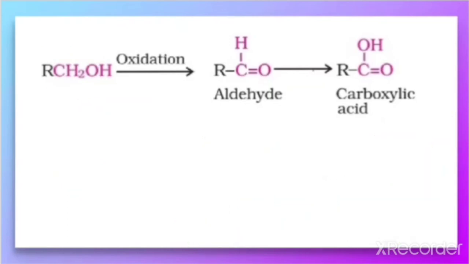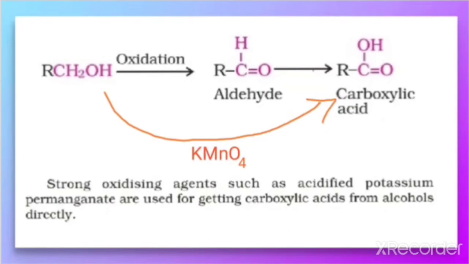That is about the primary alcohol. This primary alcohol gives rise to an aldehyde, which on further oxidation gives rise to acid. But there is a method by which alcohol can be directly converted into acid. For this, you need a strong oxidizing agent like KMnO4. Strong oxidizing agents such as acidified potassium permanganate, KMnO4, are used for getting the carboxylic acid from the alcohol directly.